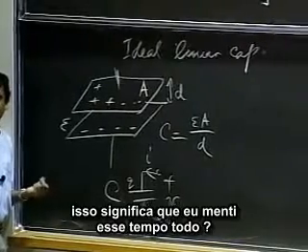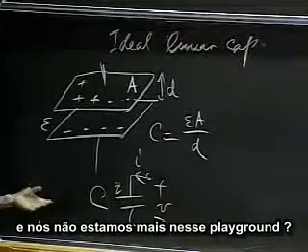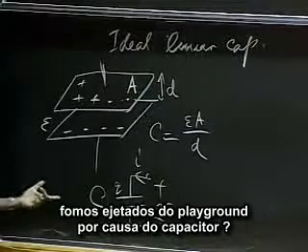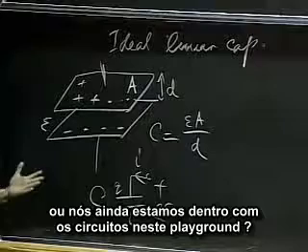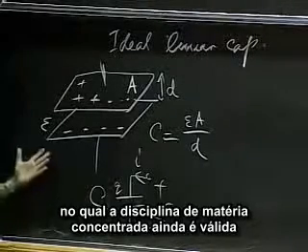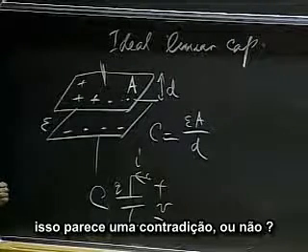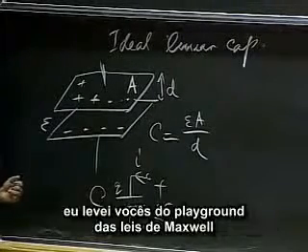So does that mean that I lied all along, that we're no longer in this playground, that we've been ejected from the playground because of the capacitor? Or are we still in the circuits playground in which the lumped matter discipline holds, and all good things happen? That seems like a contradiction, doesn't it?